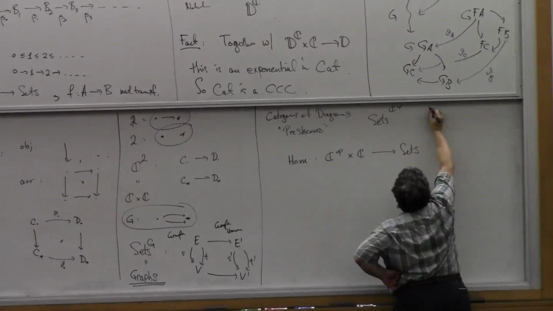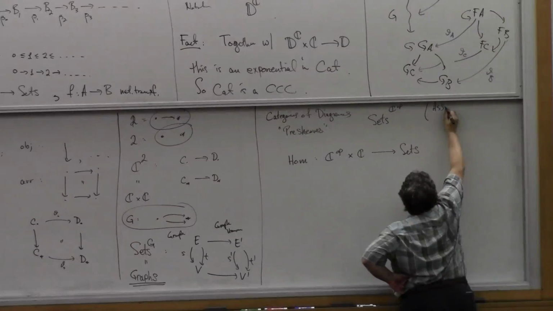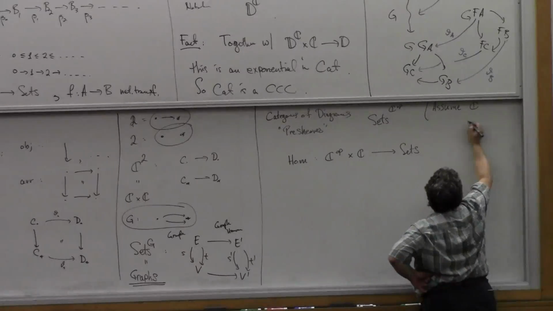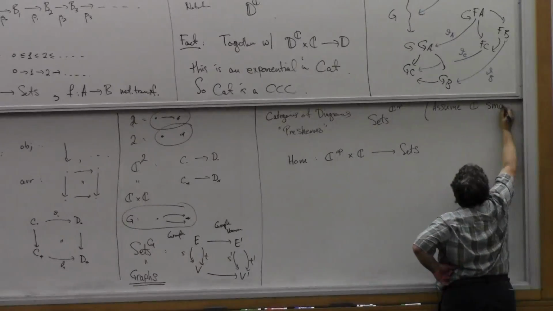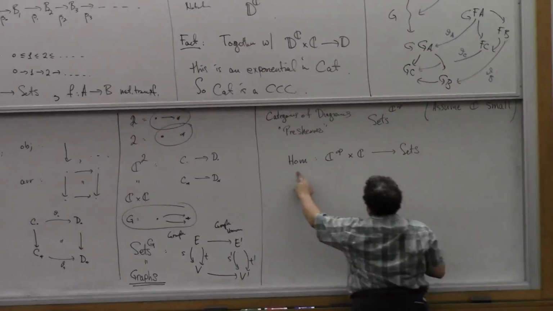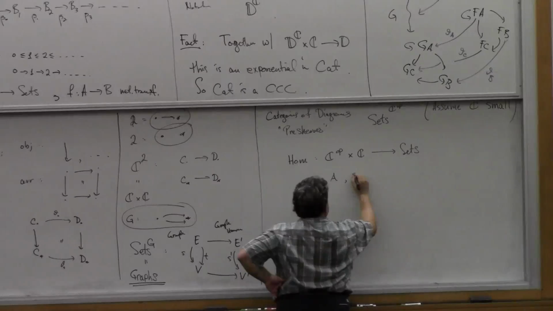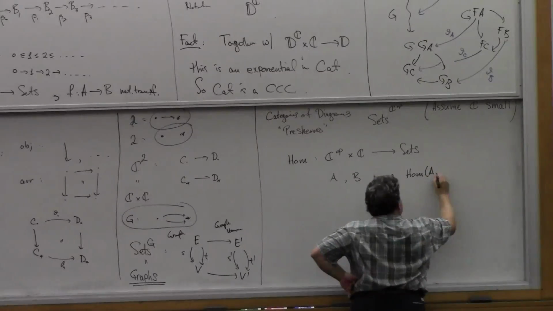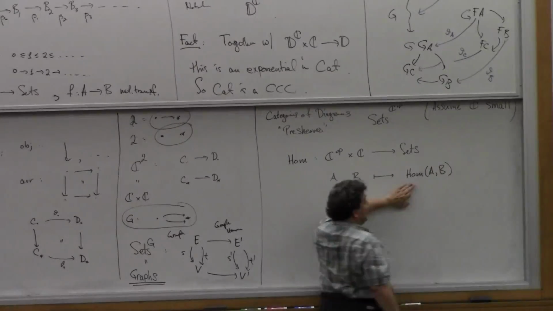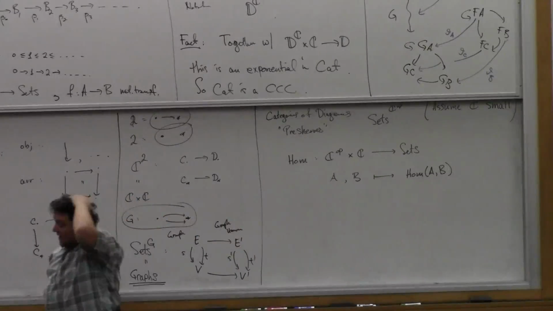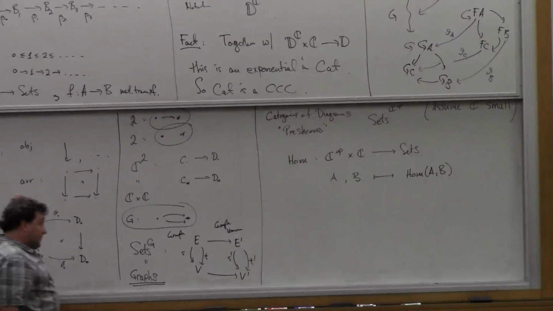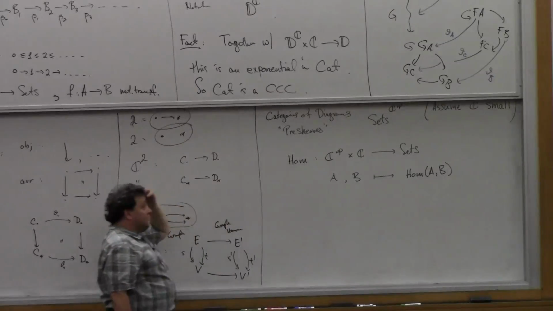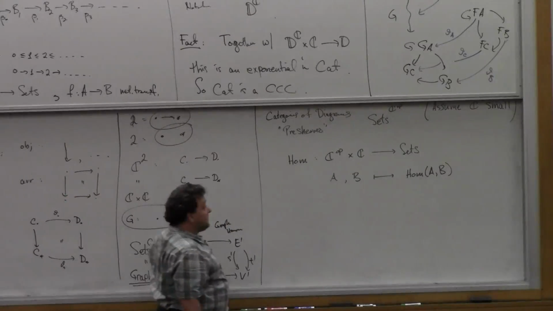So we're going to assume that C is small, or what's called locally small. The main thing is that whenever we take two objects, A and B, and we take the collection of all maps Hom from A into B, the result is a set. That's the definition of being locally small. A category is locally small if that Hom collection is always a set. So assume that holds so that we have this Hom functor. And we had some exercises before to tell us how to work with that.